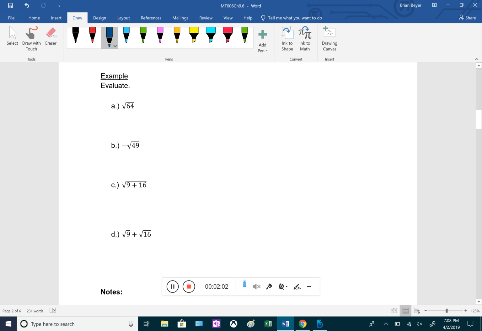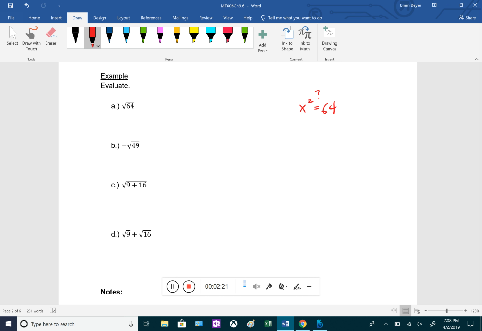First example, we have the square root of 64. We have to think to ourselves, I'm going to use an x for a variable, what squared equals 64?